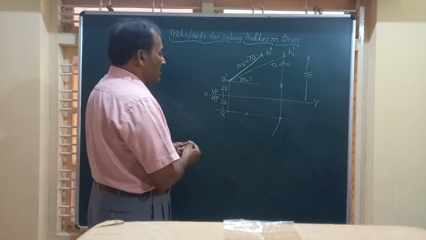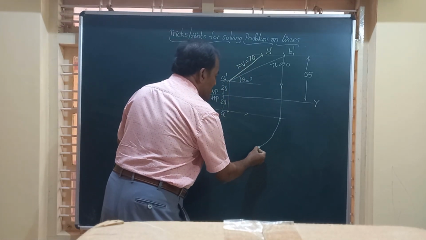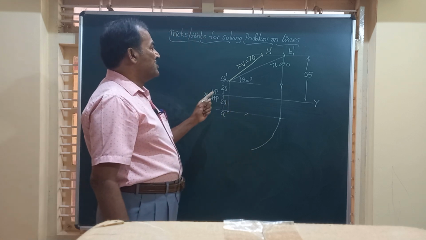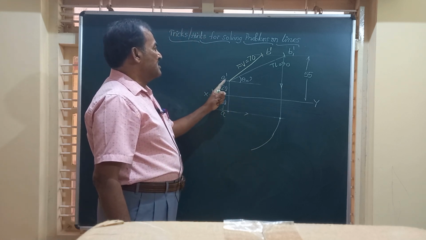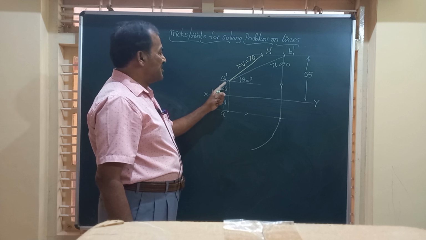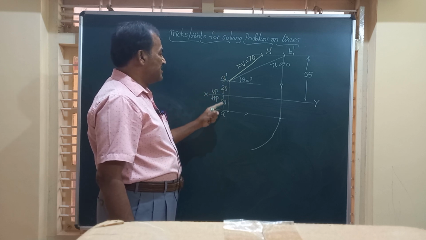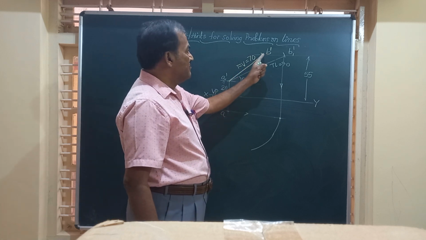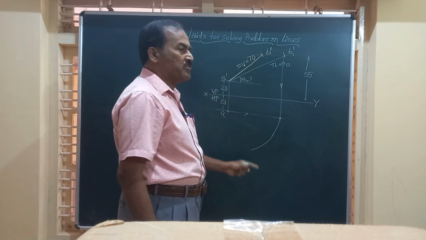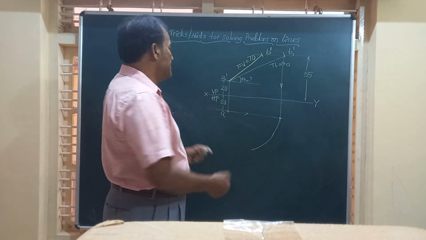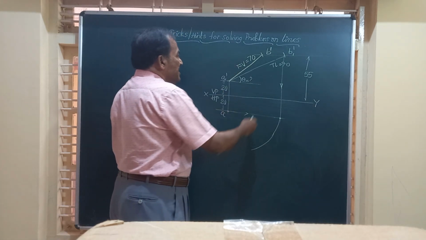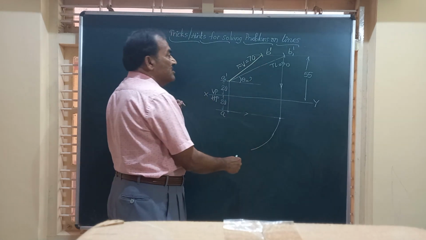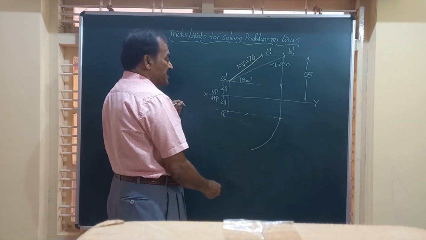Have you done it? Friends, you know in all the problems on lines, the end projectors A dash A and B dash B should lie on a vertical line. Similarly, B dash and B, the end of that line, should be on the same vertical line.